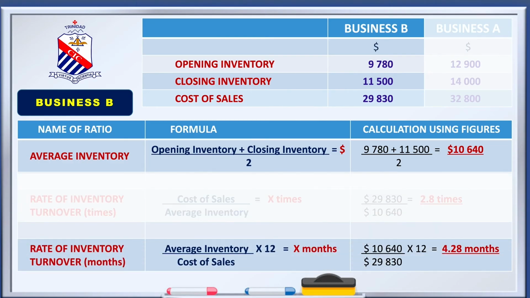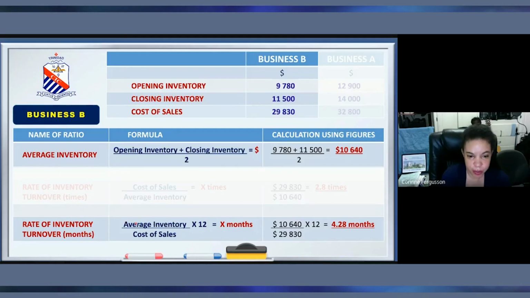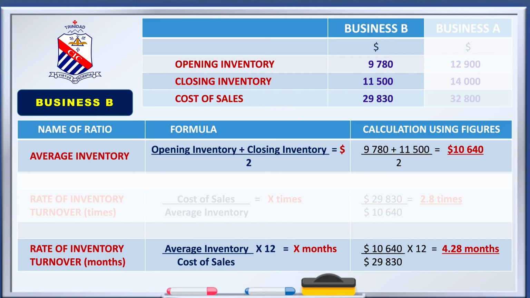But we also had to work out if it's expressed in terms of months. So flip the formula from cost of sales over average inventory to average inventory over cost of sales. Multiply by 12. So your average inventory was worked out as 10,640 over your cost of sales of 29,830, multiply by 12, and the answer we got 4.28 or 4.3 months.